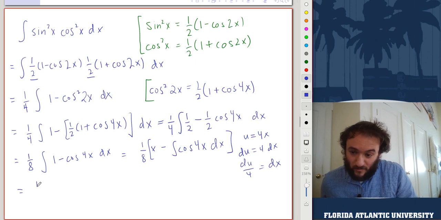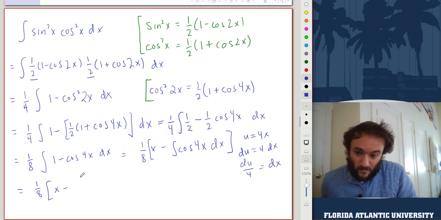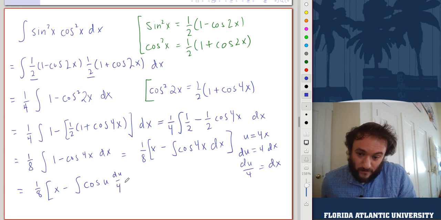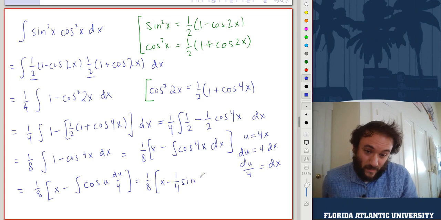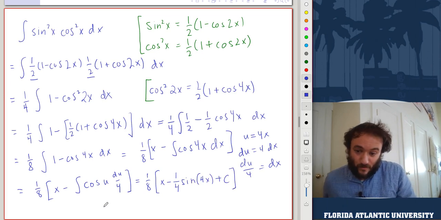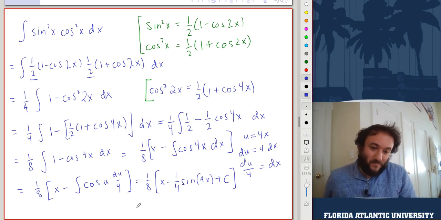So our integral becomes 1/8 times x minus the integral of cosine u times du over 4, which is 1/8 times x minus 1/4 sine of u. And we know u is 4x, we just plug that in, 4x plus c.